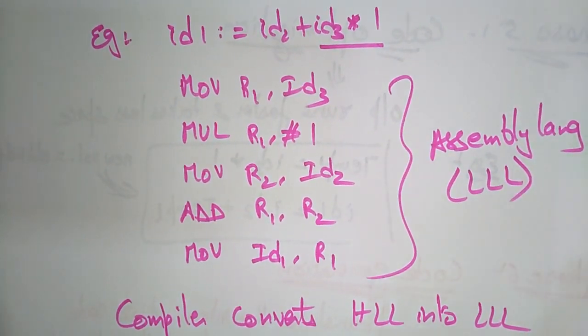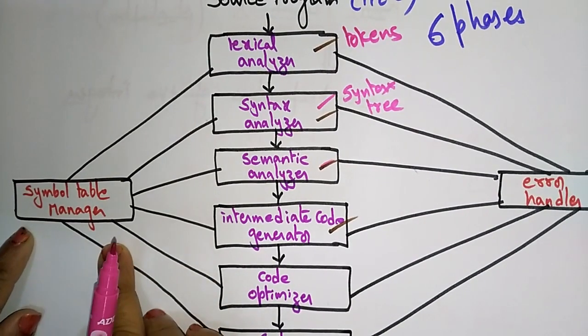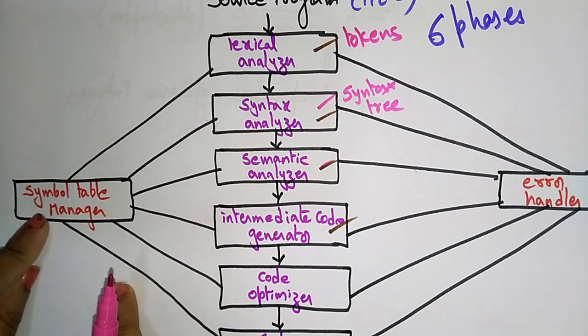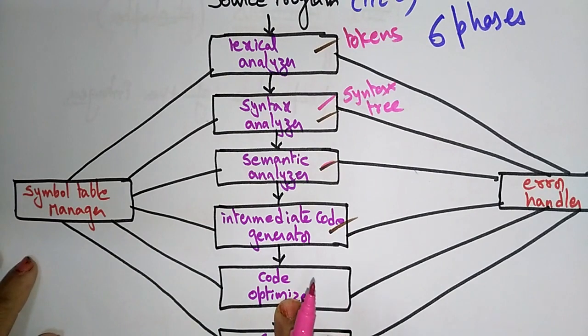Okay, and what is the symbol table that we are seeing here? The symbol table manager is a data structure, and all the data structures are maintained in the symbol table manager throughout all the phases of the compiler.